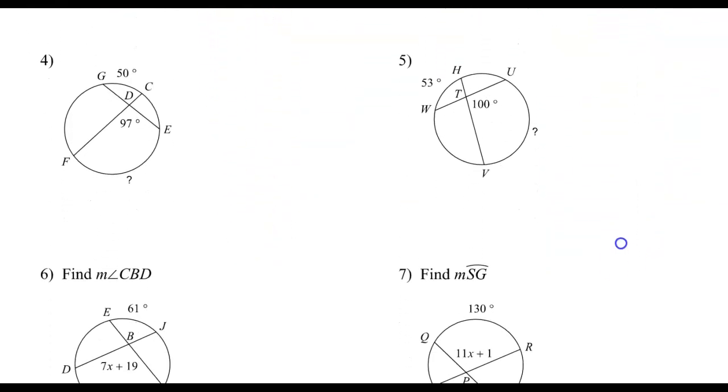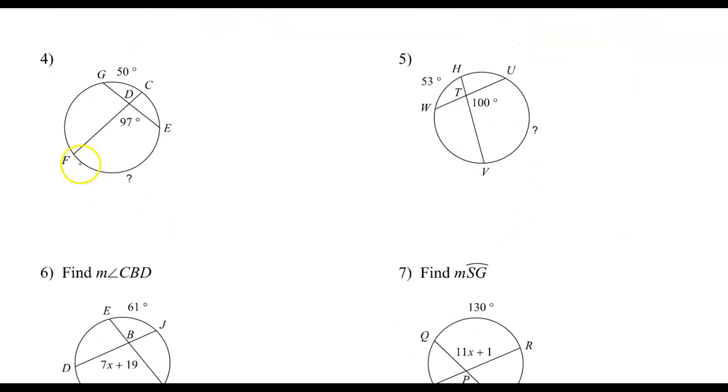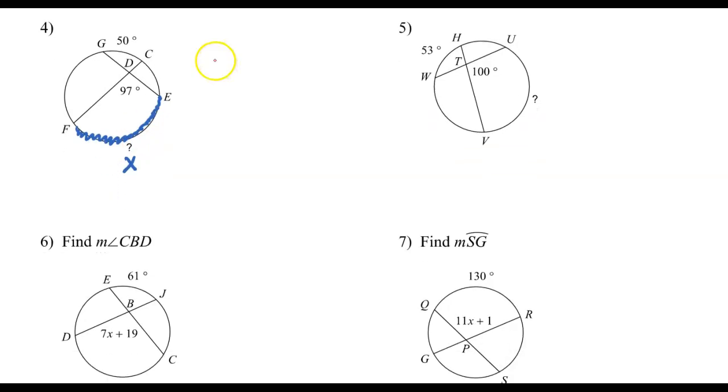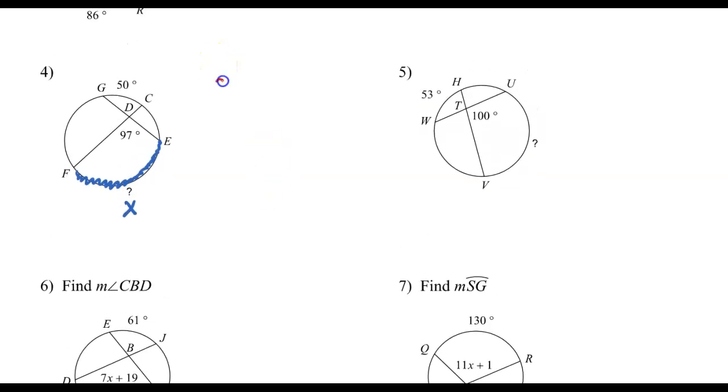In problem number 4 and 5, I'm going to use some algebra. I'm going to call this arc x. So my equation would be 50 plus x over 2 is equal to 97. I'm going to put this over 1, and I'm going to cross multiply.